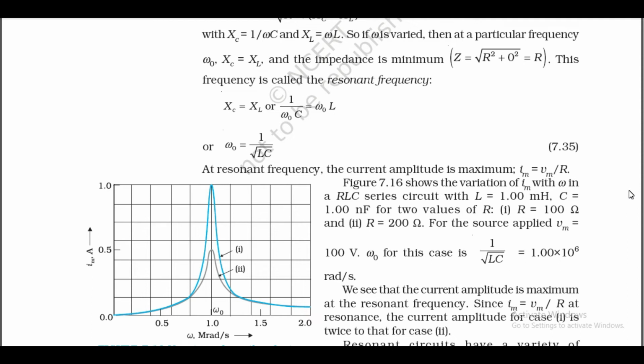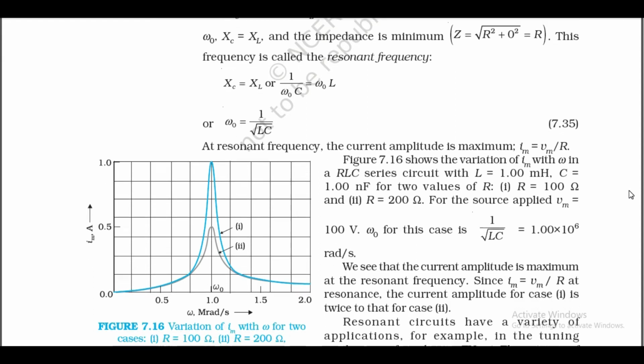Figure 7.16 shows the variation of Im with omega in an RLC series circuit with L = 1.00 mH, C = 1.00 nF for two values of R. First R = 100 ohm, and second R = 200 ohm for the source applied Vm = 100 volt.